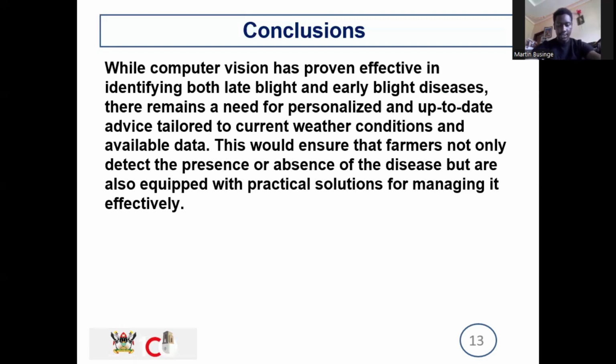However, current systems are not sufficient on their own because farmers need personalized feedback, since different farmers operate in different weather conditions and the available data keeps changing over time. So using up-to-date data and personalized recommendations, which have even more impact on the farmers, would be better. And it is what we are aiming to achieve.